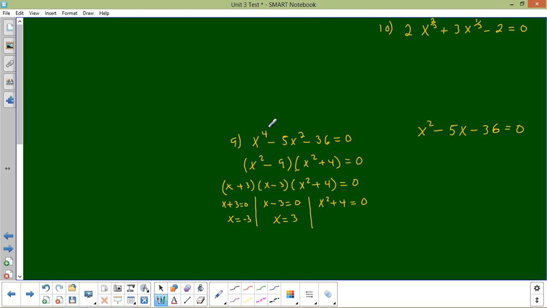This is the same thing. See, this exponent is the double of this exponent. So it's just going to factor in that same form. And then the x squared minus 9 is a perfect situation. So you're going to factor that into x plus 3 times x minus 3. And then the x squared plus 4 doesn't factor over the integers.